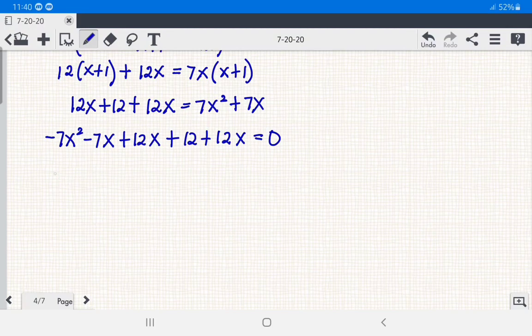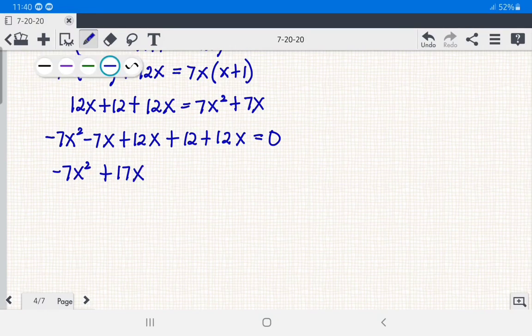Let us now copy negative 7x squared. Now here, negative 7x plus 12x, that is 5x. Then plus 12x, we have 17x. Then we have 12 plus 12 for the constant, right?